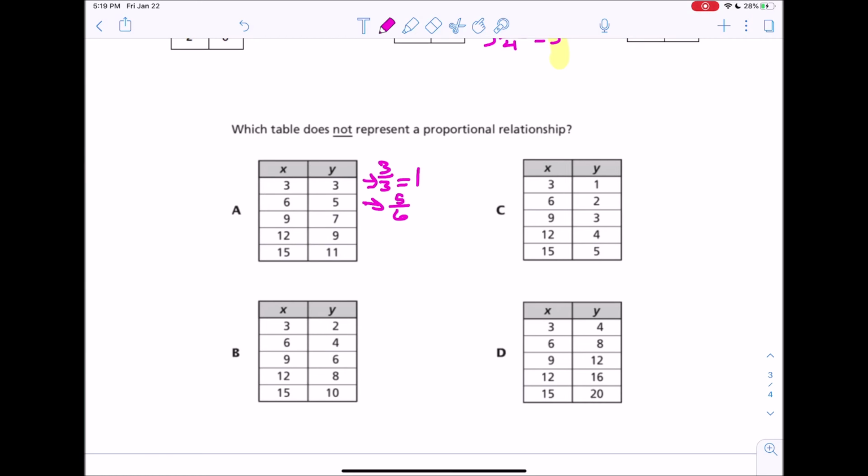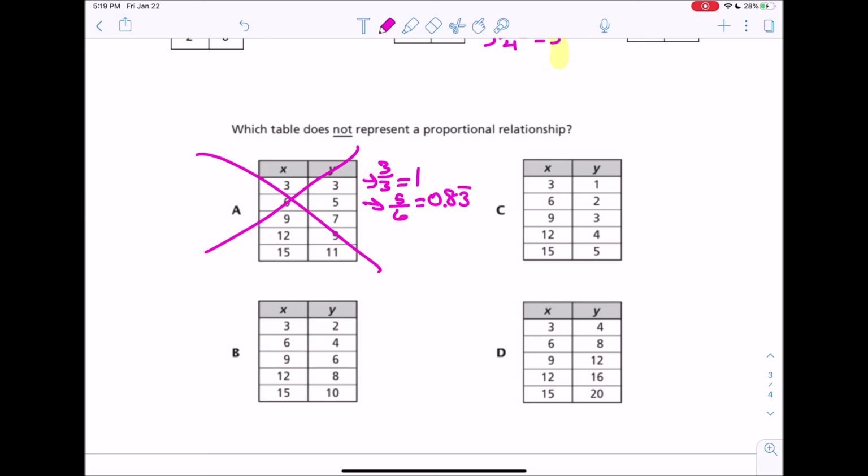It doesn't matter if you know what that equals. You know it doesn't equal 1, right? 6 divided by 6 would equal 1. 5 divided by 6 is not going to equal 1. In fact, it equals something like 0.833333, right? The 3 goes on forever. So, nope, not proportional.